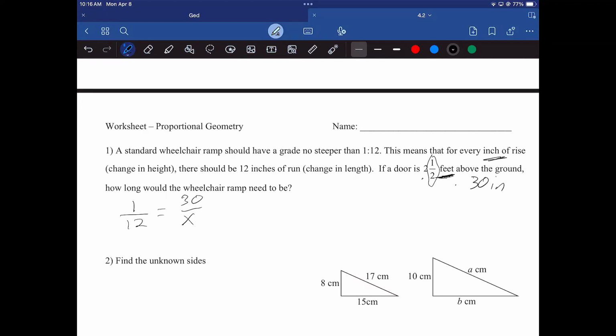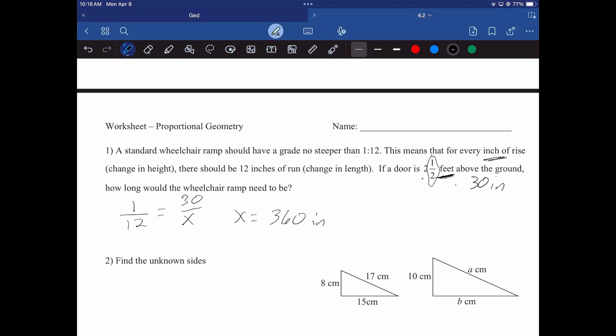So now we just do the multiplication. 1 times x gives us x, which is equal to 30 times 12, which is 360. That seems like a lot of feet. That's because it's 360 inches.